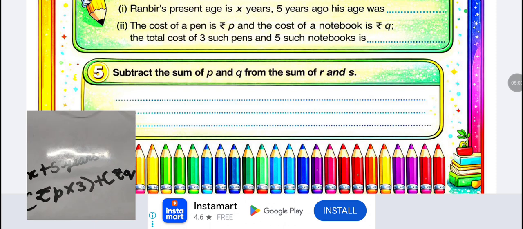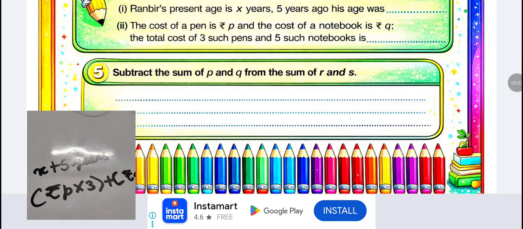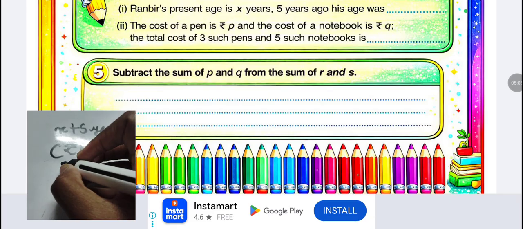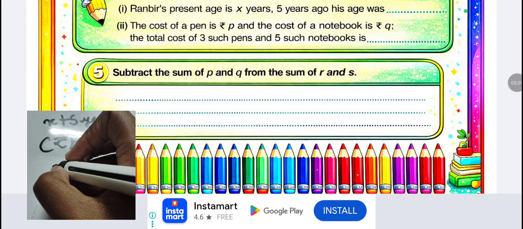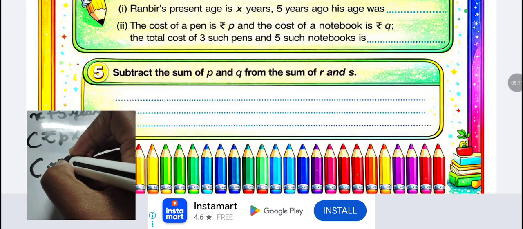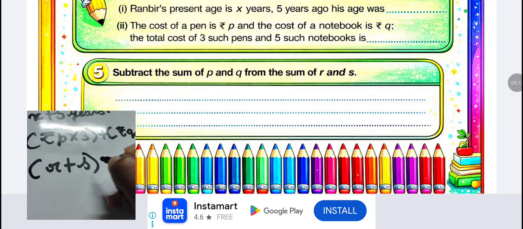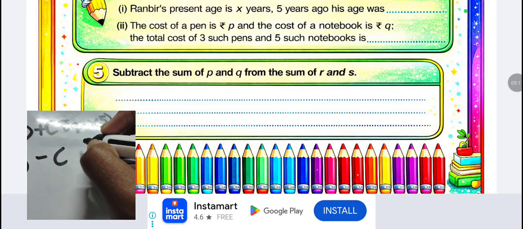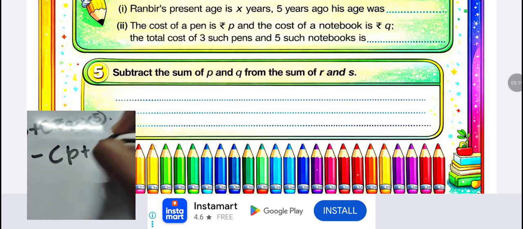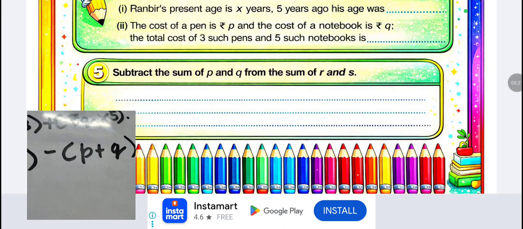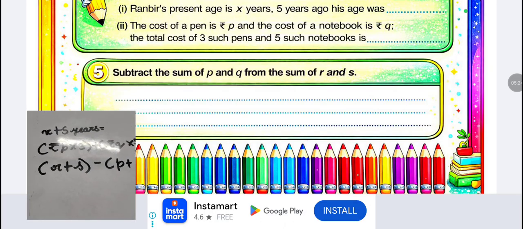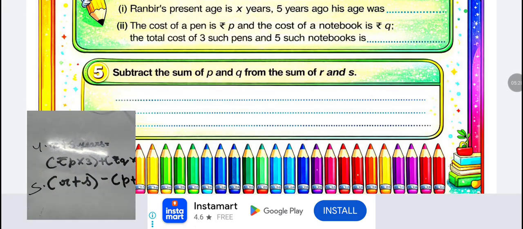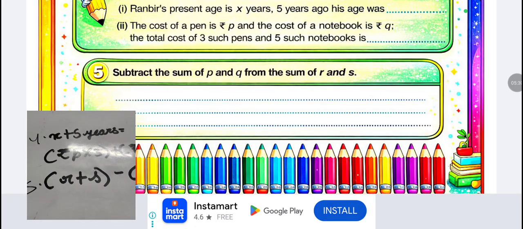I am telling you how 'from' works. So: bracket open R plus S bracket close, minus bracket open P plus Q bracket close. Done.